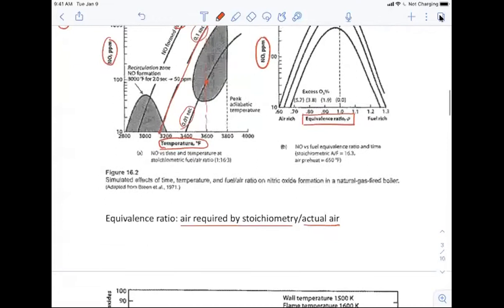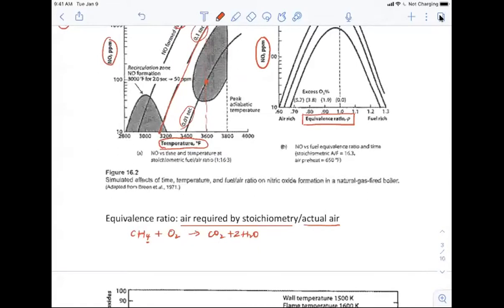Okay, so to just show you how this is calculated, let's say that we're trying to burn methane. Okay, so if you have methane and then you're going to react with oxygen to form carbon dioxide and water. Okay, so if you want to balance this equation, you have 4 hydrogen on the left, so you're going to have 2 water on the right.